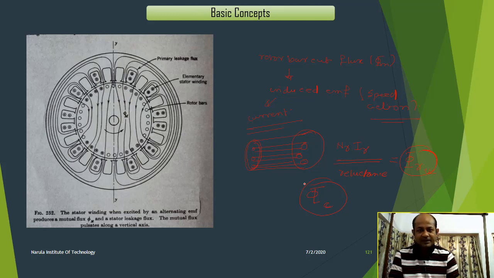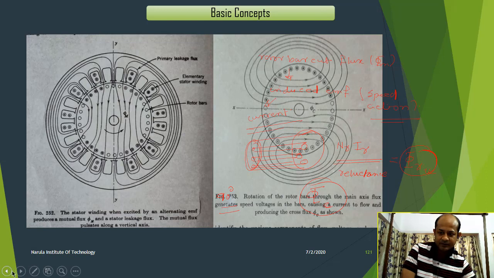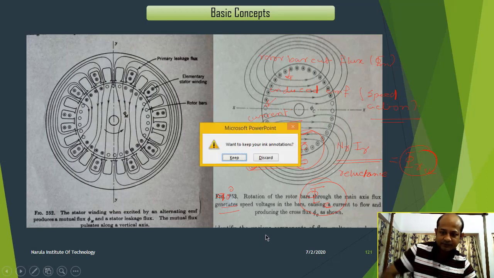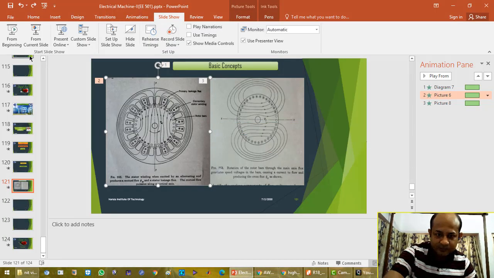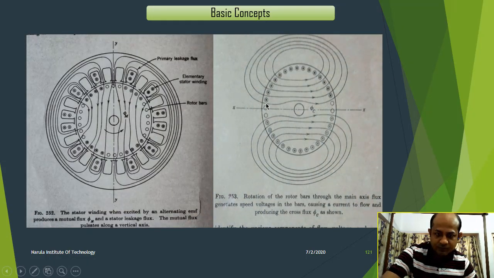Basically this phi c acts in space quadrature, at 90 degrees, to the main flux. So this is the theory called cross flux theory or cross field theory. This is my phi c.